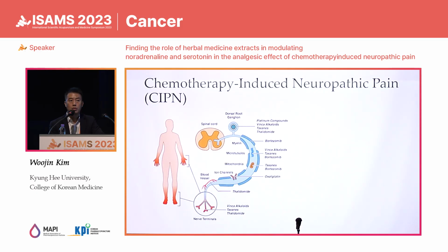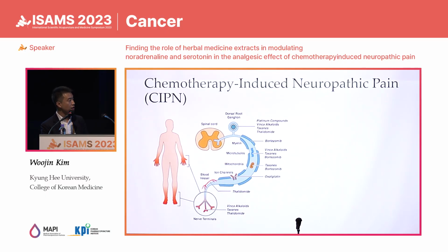Among the many chemotherapeutic drugs, mostly the platinum-based, vinca alkaloids and taxane-based drugs are the ones that induce neuropathic pain. Among the platinum-based drugs, you have oxaliplatin; among the vinca alkaloids, you have vincristine; and among the taxanes, you have paclitaxel.